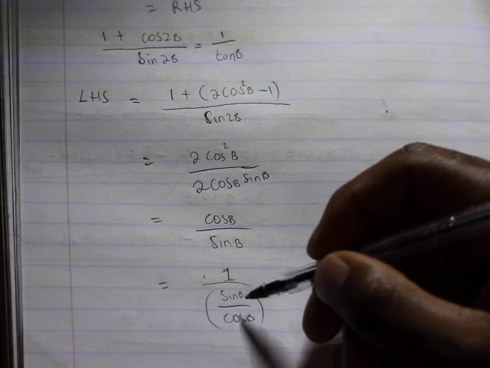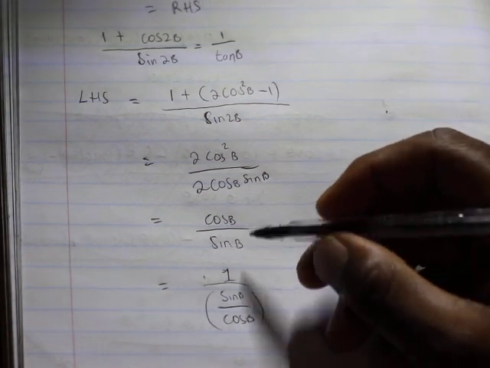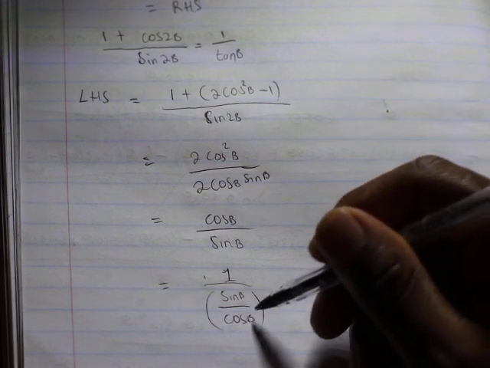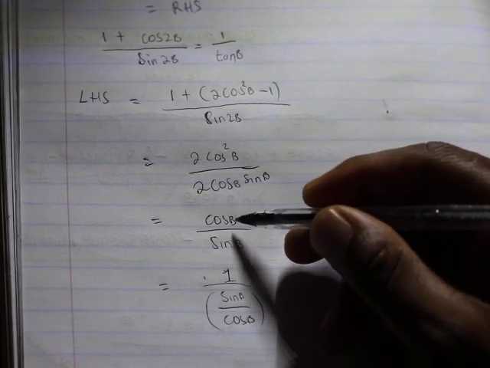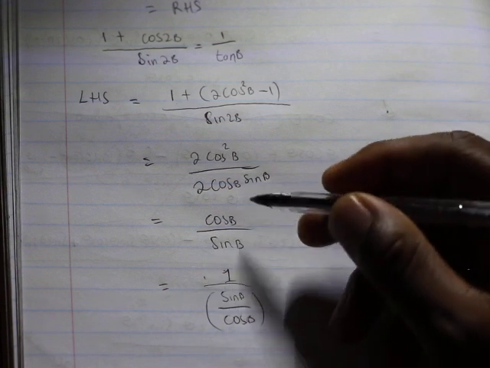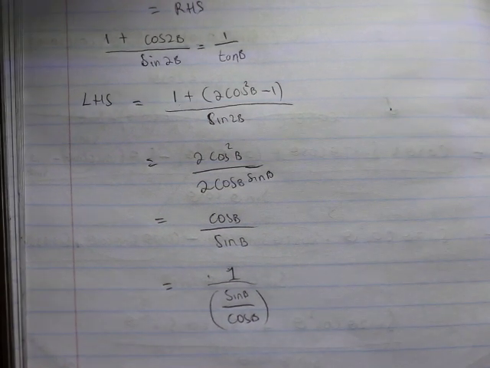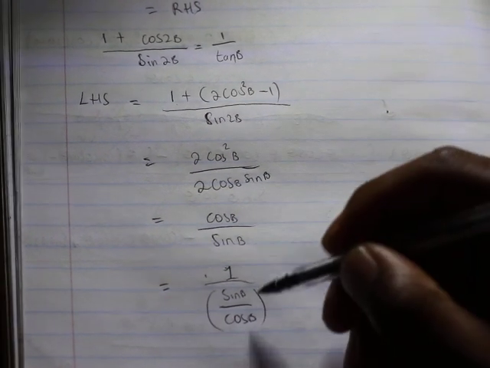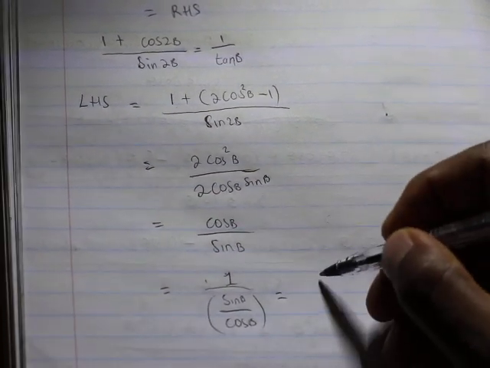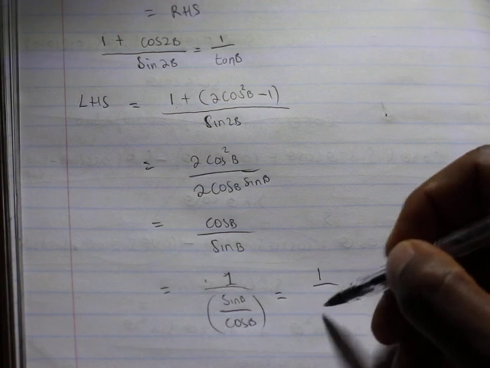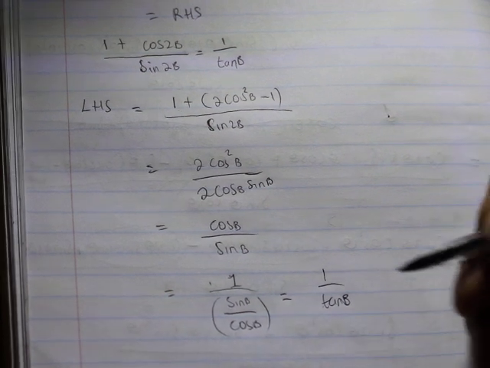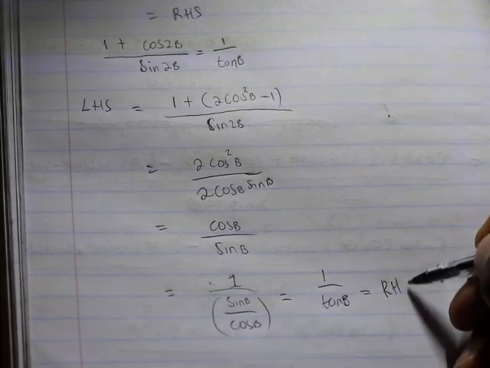If you invert the fraction, cosine of b over sine of b, if you flip it, you must put a 1 on top. So that's exactly what I did. I flipped it, the cosine of b went to the denominator, the sine of b went to the numerator. Okay, cool. But what is sine b over cosine of b? That is just tan b. So that's 1 over the tangent of b, which is equal to the right hand side.